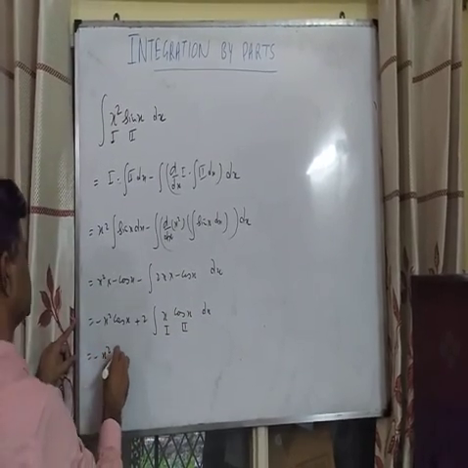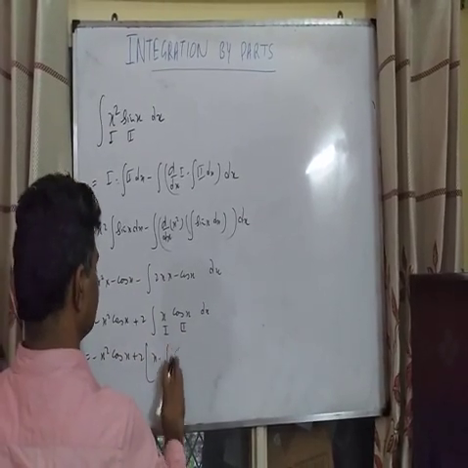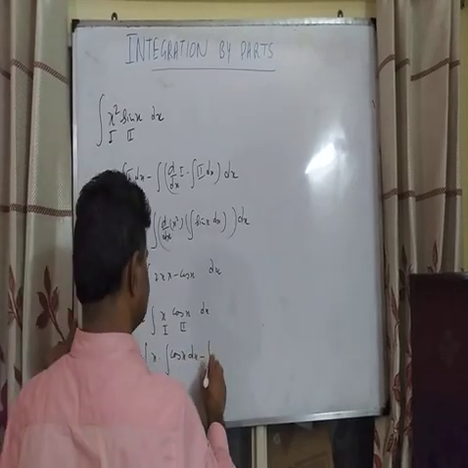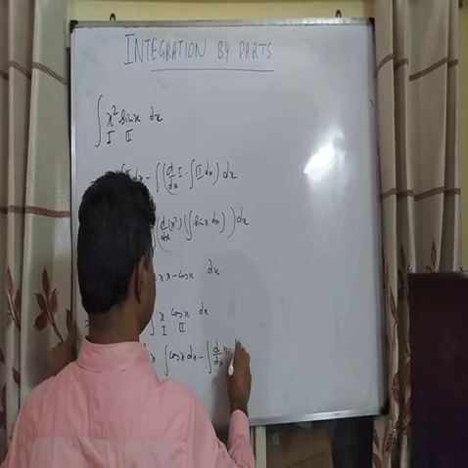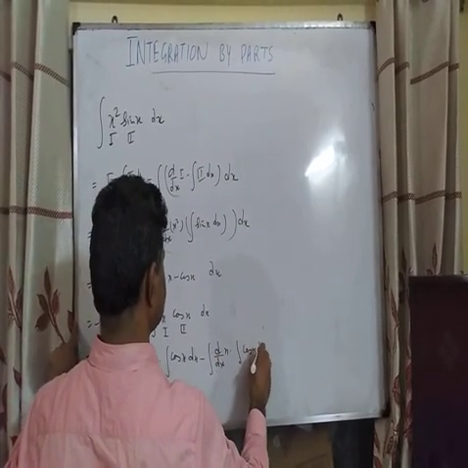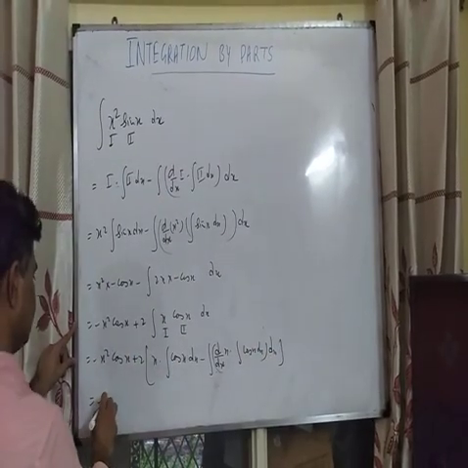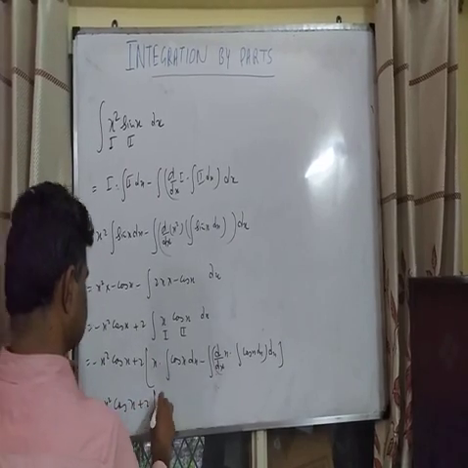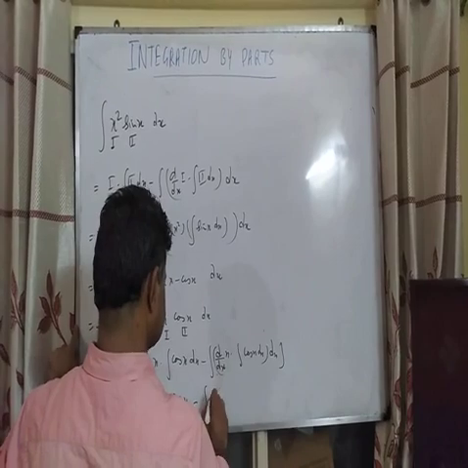So minus x square cos x plus twice x integration of cos x dx minus differentiation of first function and integration of second function dx.